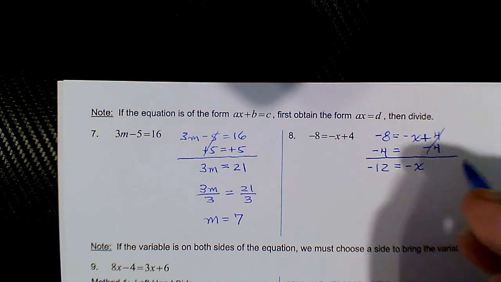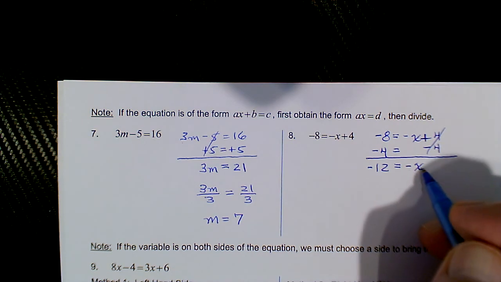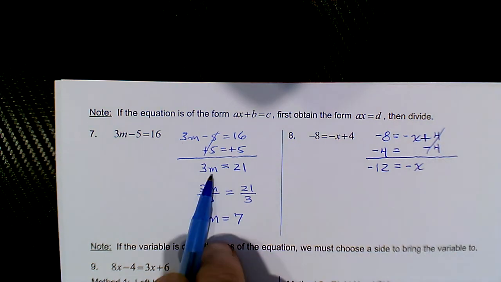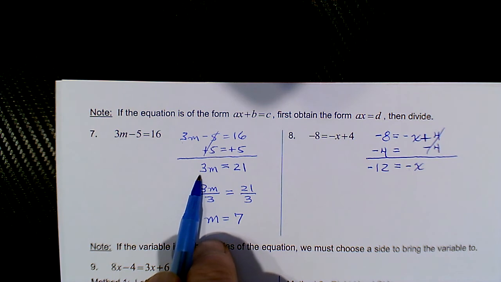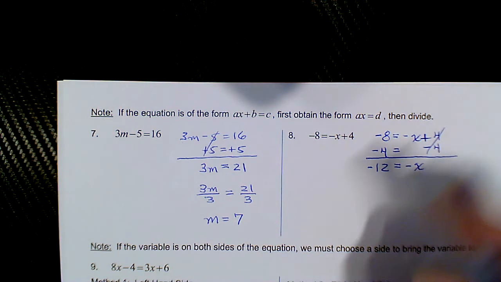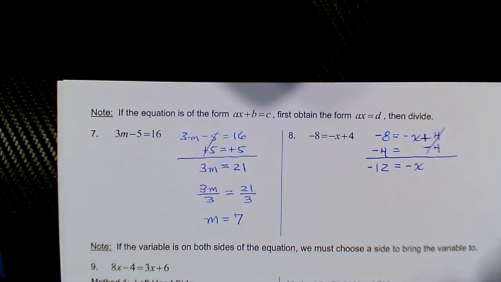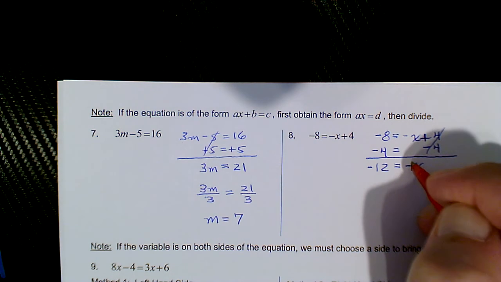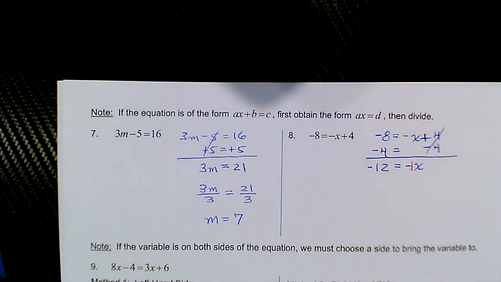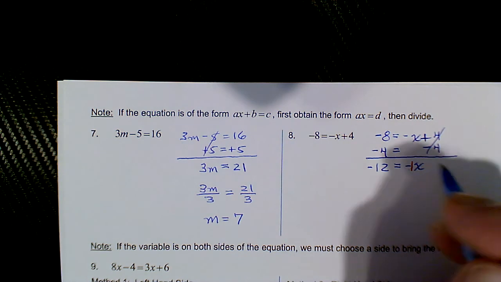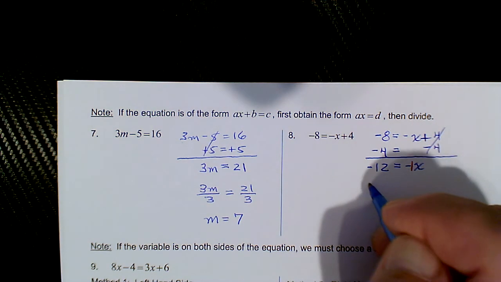But now, this negative x, when it was like 3m, we knew to divide by the 3. This negative x really means there's a negative 1 that's being multiplied by x. So we have to get rid of that by dividing by the negative 1.